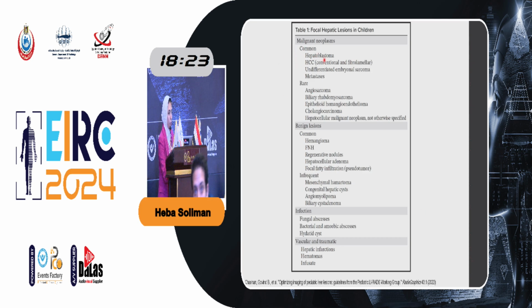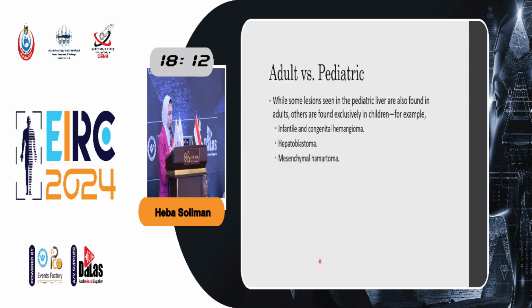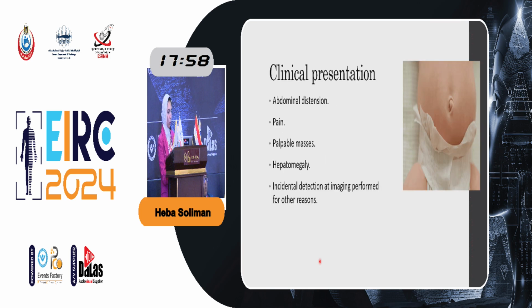As we said, the common ones are hepatoblastoma, HCC, or undifferentiated embryonal sarcoma, benign lesions, infectious lesions, and vascular or traumatic lesions. While some lesions seen in the pediatric liver are also found in adults, others are found exclusively in children, for example, the infantile congenital hemangioma, hepatoblastoma, or mesenchymal hamartoma.